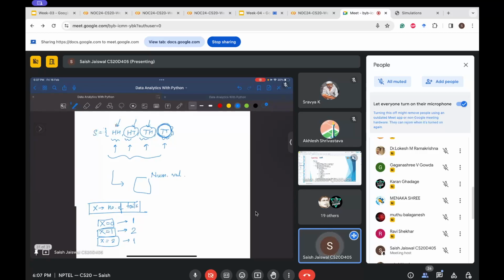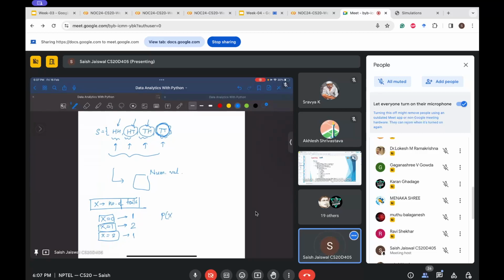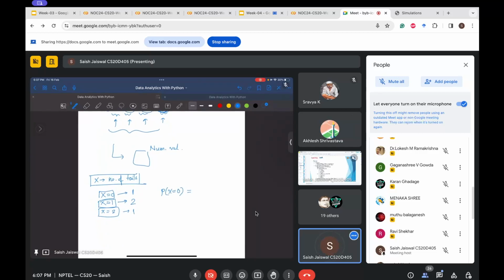So the probability of x taking 0 is 1 by 4, the probability of x taking 1 is 2 by 4, and the probability of x taking 2 is 1 by 4 again.